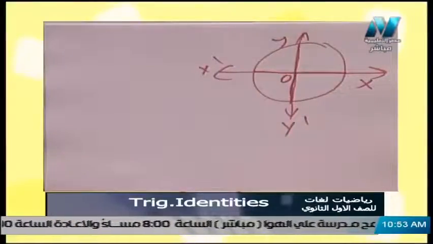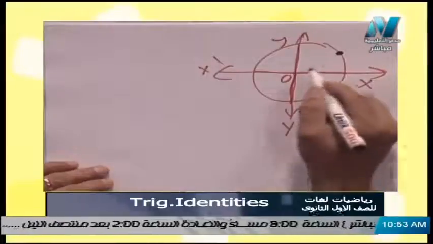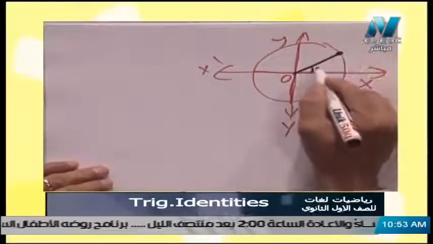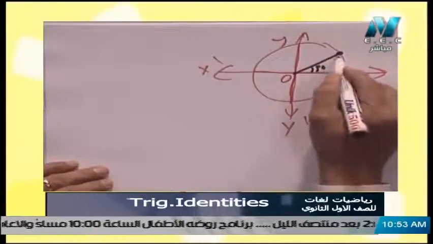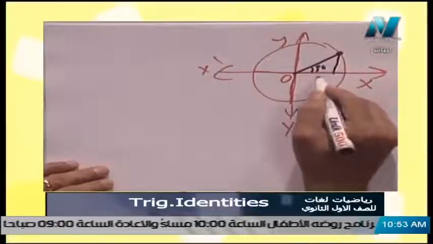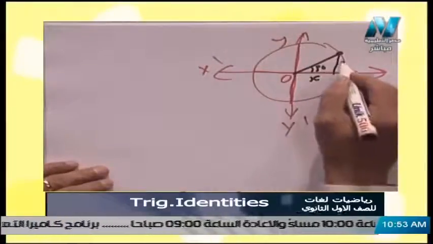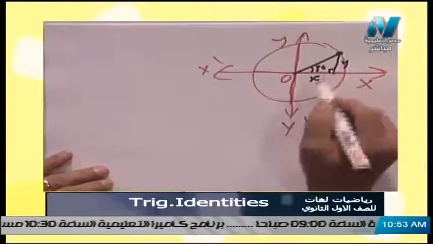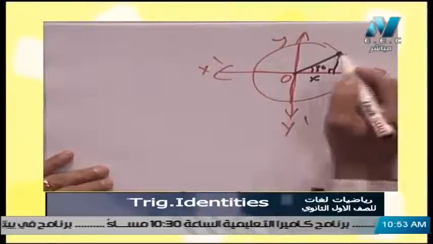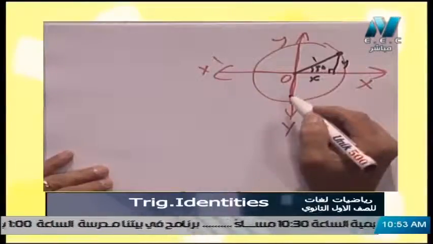If we take this point as an example, and theta equals 30, this part is x and this part is y, and this is a right angle triangle, and the hypotenuse equals 1.